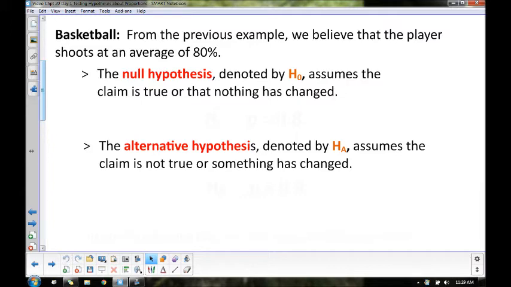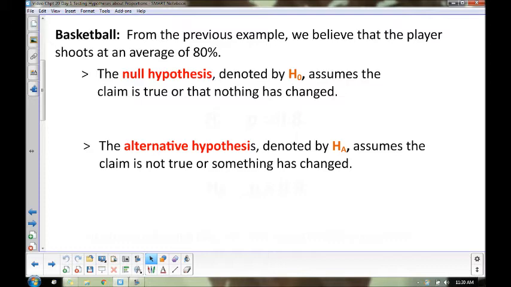So what we have here, and this is extremely important notation, this 80% is our null hypothesis, and we denote it here with an H sub 0. That assumes that the claim is true. Our null hypothesis always assumes that the claim is true, or the idea that nothing has changed from the previous claim, because sometimes they'll say in the past the true proportion was 80%.